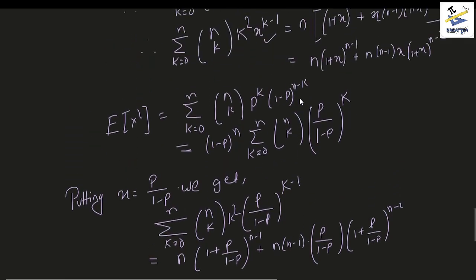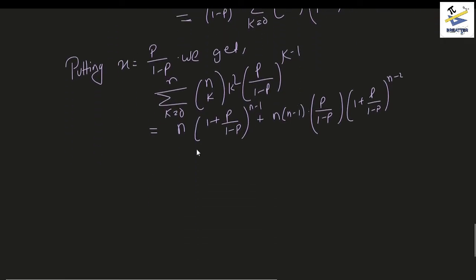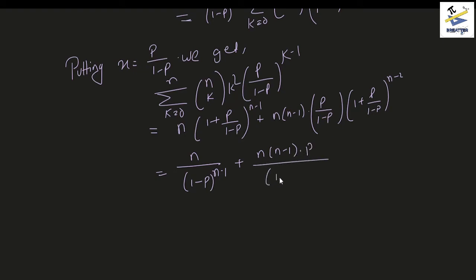It would be k minus 1, I think, yes. Simplifying it a bit further, 1 plus p by 1 minus p is basically 1 by 1 minus p. So this is like this, and this is also into (p by 1 minus p) to the power n minus 1.